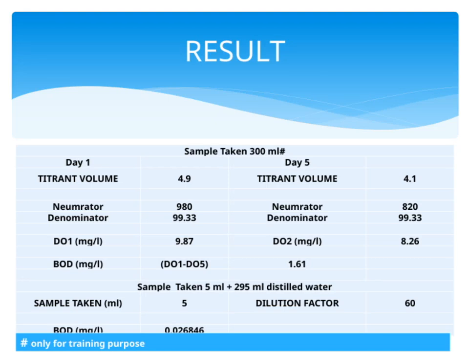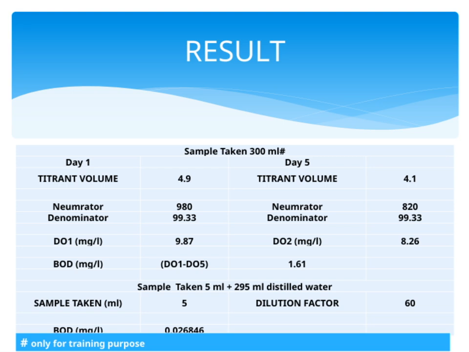On day 1, we took a 300 ml sample and measured a titrant volume of 4.9 ml, with a numerator reading of 980. The denominator remained constant at 99.33, which is important for our calculations. The dissolved oxygen, or DO, was 9.87 mg/L on day 1. By day 5, the titrant volume decreased to 4.1 ml, and the numerator reading dropped to 820.